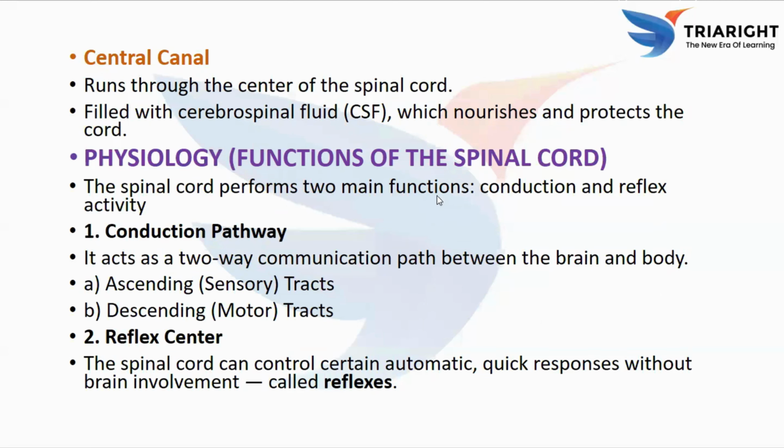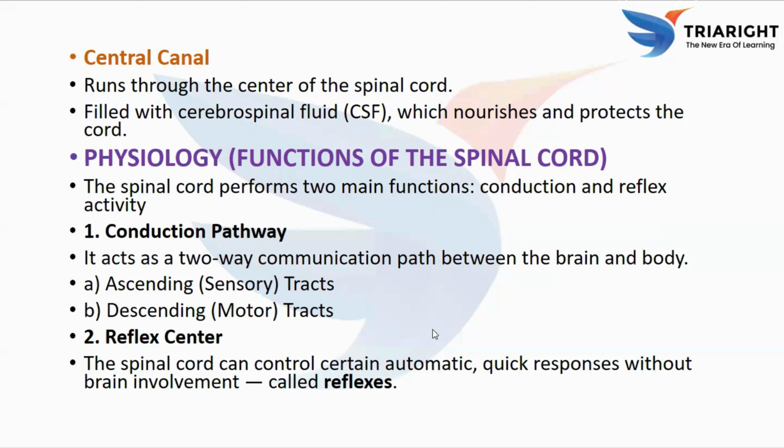So what are the functions of the spinal cord mainly? It performs two main functions. The first is that the spinal cord acts as a communication highway. The second is that it also acts as a reflex center. So coming to the conduction pathway, the communication highway acts as a highway between the brain and the rest of the body, right?